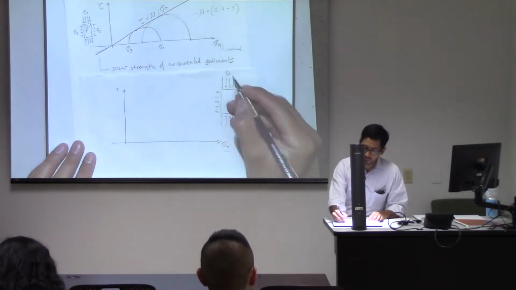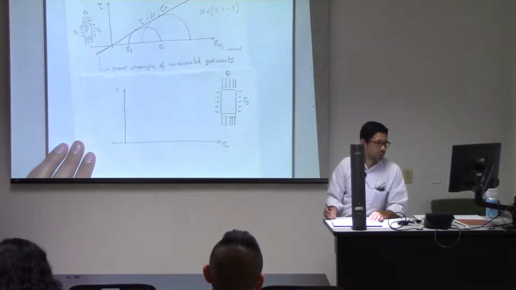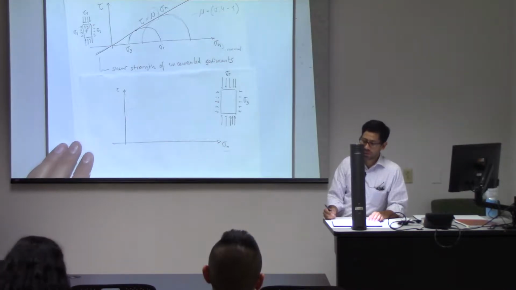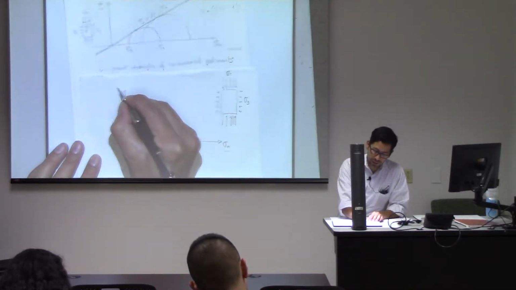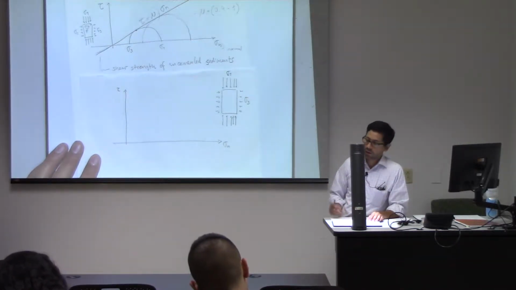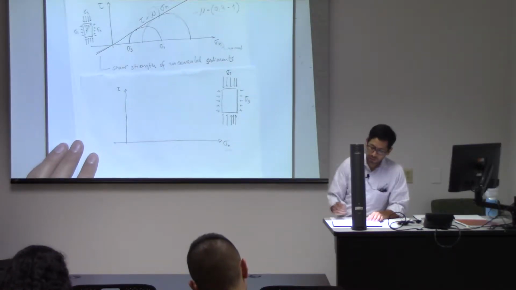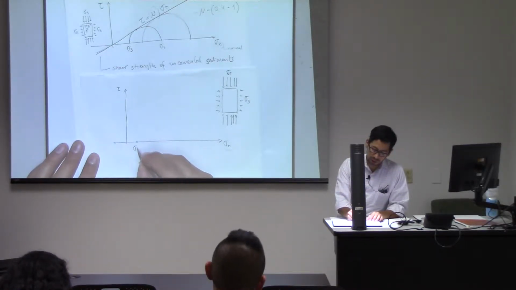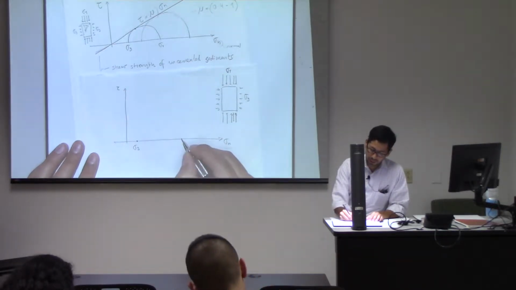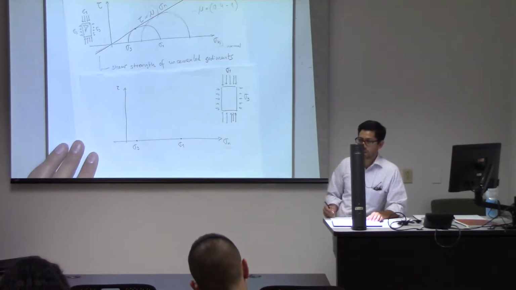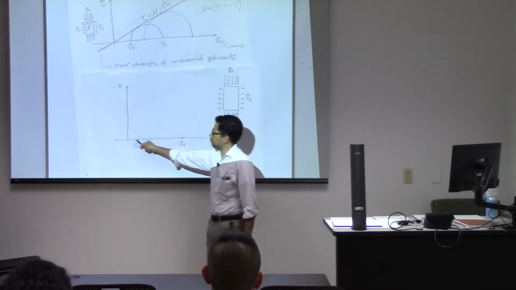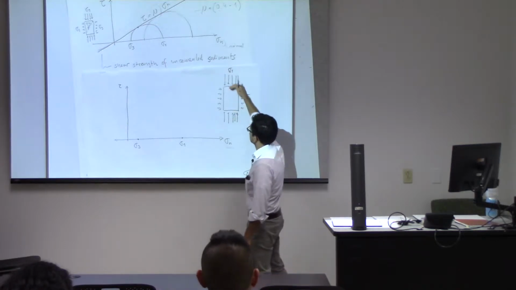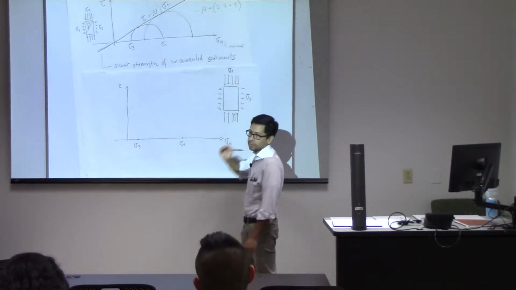And also, we have a convention by which we call sigma 1 the maximum principal stress and sigma 3 the minimum principal stress. If there is no shear stress, notice that this is a shear axis, that means that sigma 3 is going to be somewhere over there, and sigma 1 is going to be somewhere over here. Those are the values of normal stress and the principal stresses on those faces, sigma 1 and sigma 3.